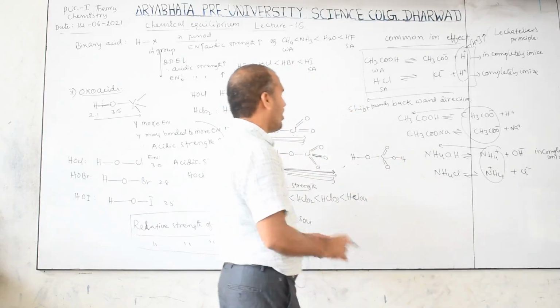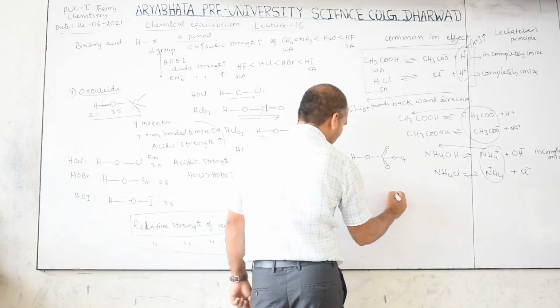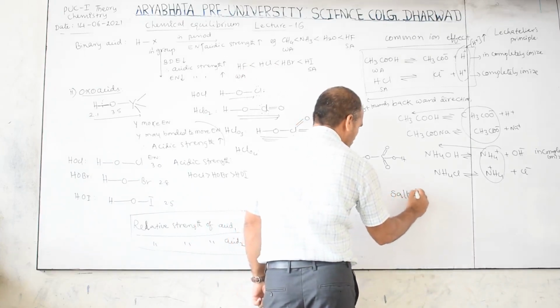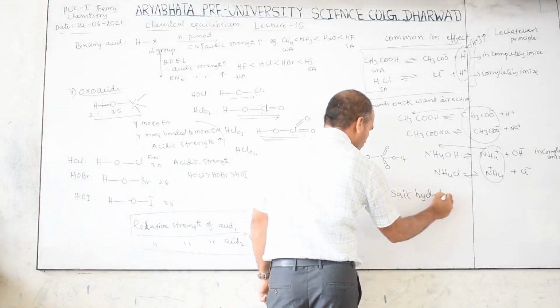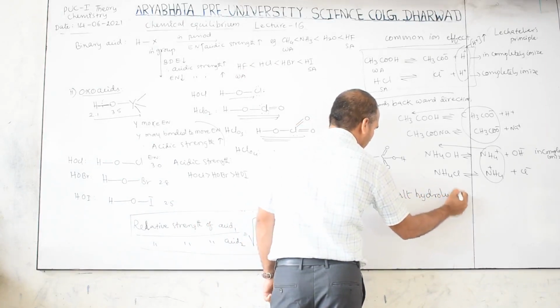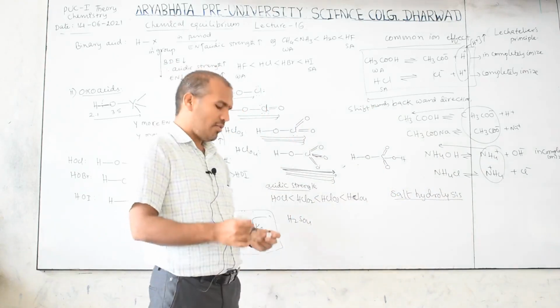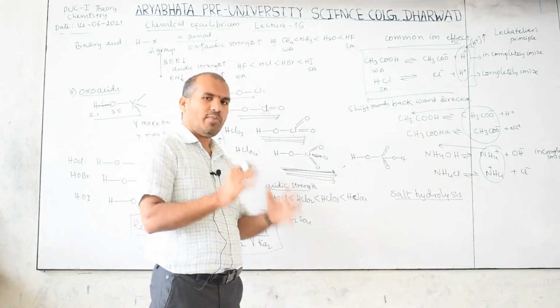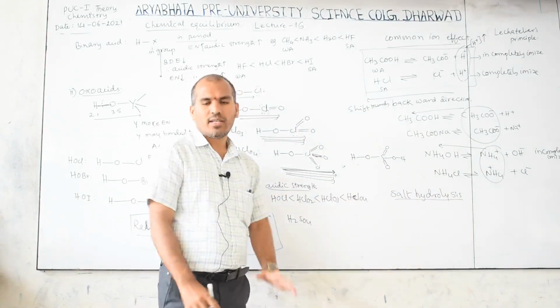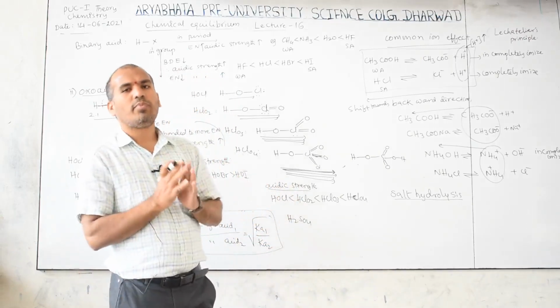After this common ion effect, salt hydrolysis. In your textbook this salt hydrolysis concept may be given in one page or half a page, but actually the explanation will be more. In the previous class you considered the pH calculation.